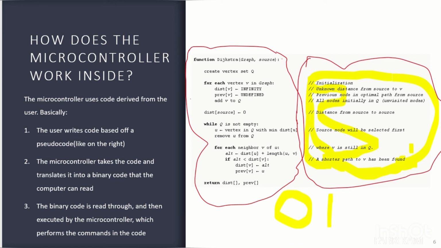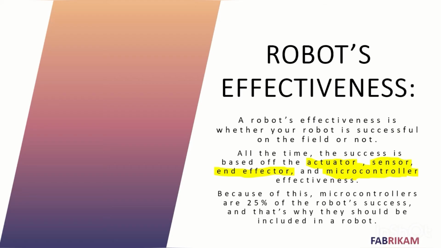We can't program in binary code, it'll take too much time. So the processor translates it to binary code, which is executed by the microcontroller, which performs a command in the code, so the actuators and effectors.